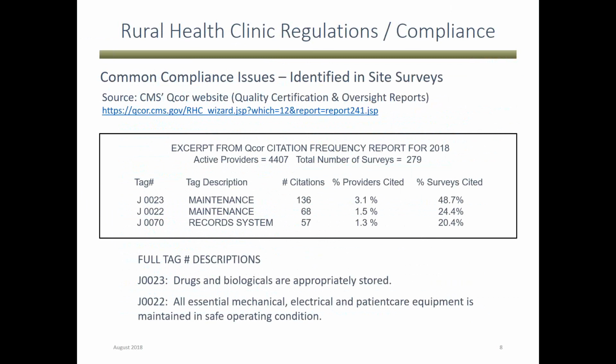So really this is more generally a record-keeping function, and during the survey, they will look at that. If you are large enough to have a person who is responsible for your plant operations, that individual will be critical. But if not, it doesn't excuse the need to maintain all of the appropriate records. And as you see from the table above, about 24% of all those surveyed were deficient in this, and it generally is a function of documentation.